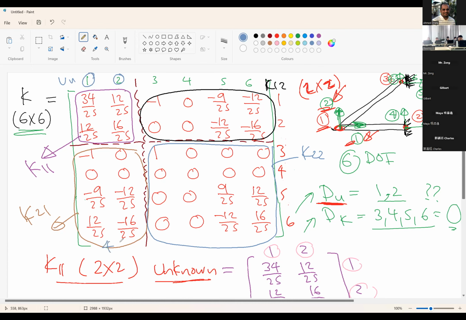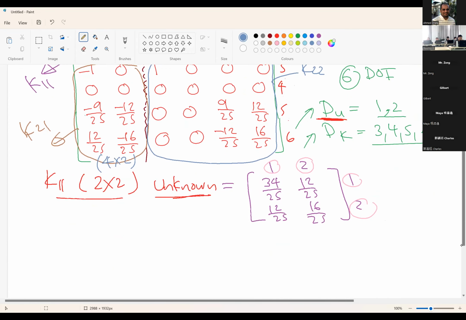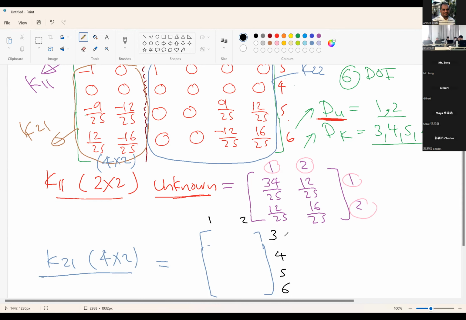This one is the 4 by 2 stiffness matrix. So K21 is 4 by 2. What is the order of these elements? The order is 1, 2, 3, 4, 5, 6, where 3, 4, 5, 6 are the known displacements.